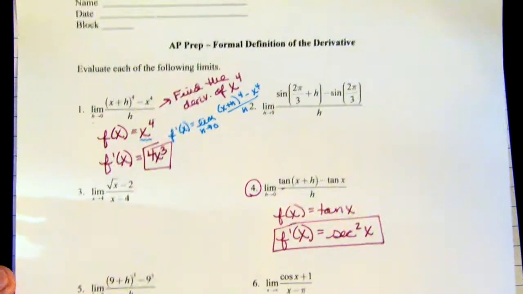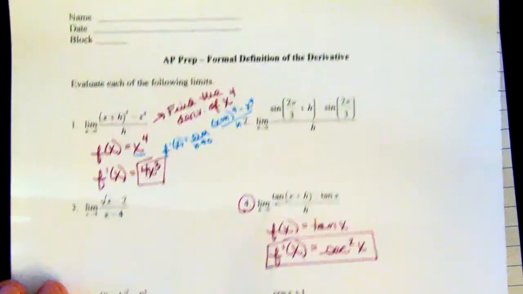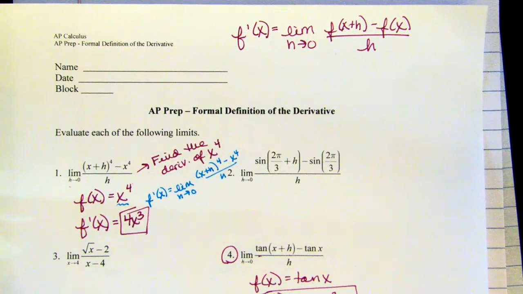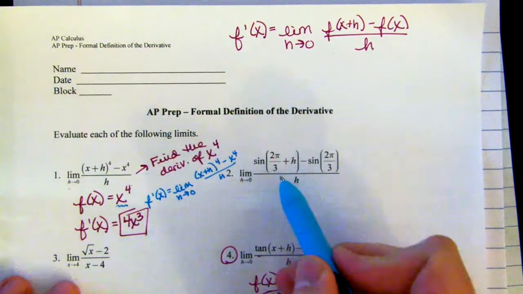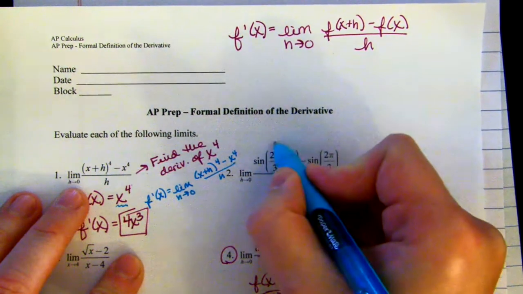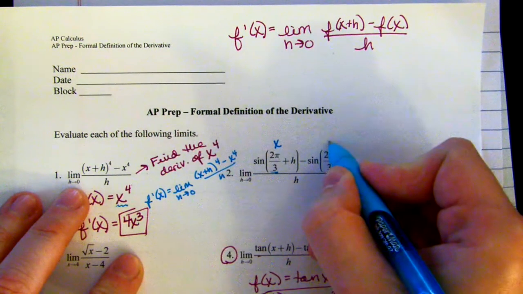There are two other versions of this, though, that we need to look at. Let's go back and take a look at number 2. Number 2 is sort of like our formal definition of the derivative. It's just that in place of x, I have a 2 pi over 3.